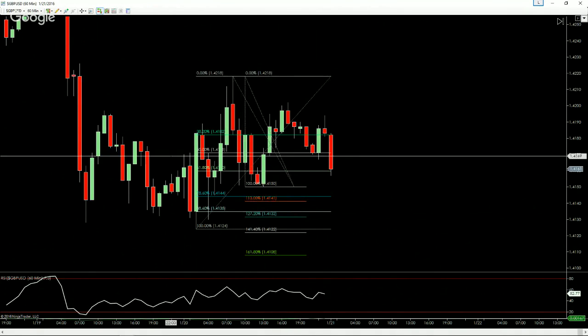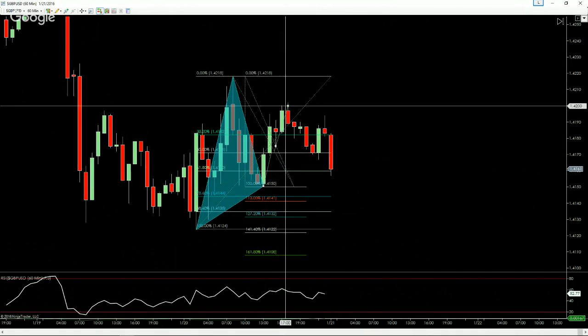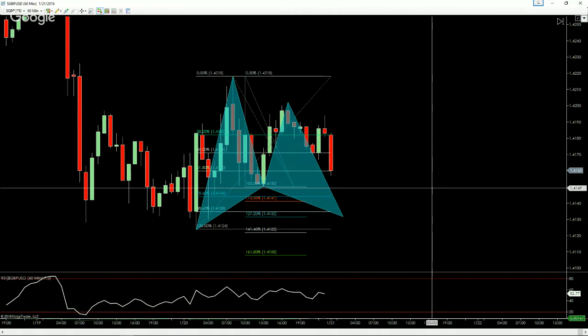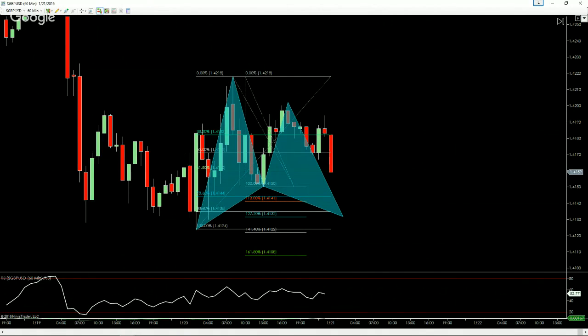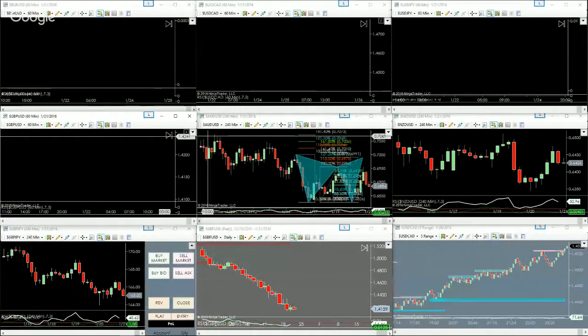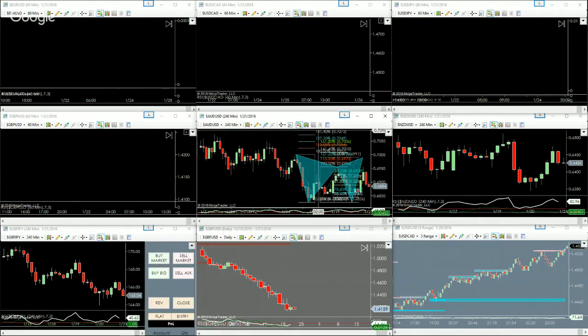I have quite a few Gartleys today. Of course, stops again below the X level. Targets traditionally, first targets at 382 and 618 for second targets. Of course, for that kind of market, you can use extended targets if the market shows that it is shifting in trend.